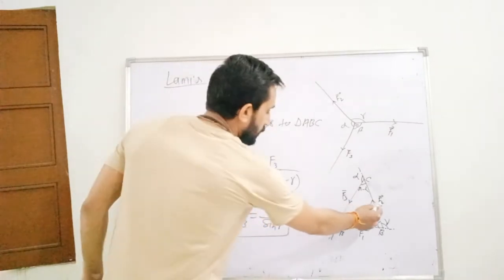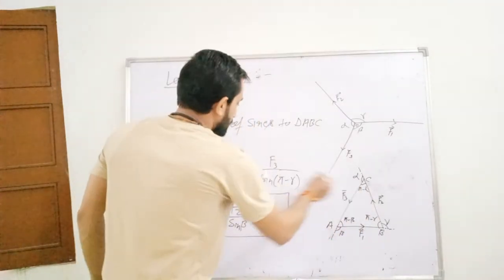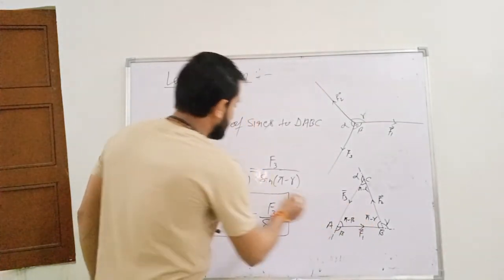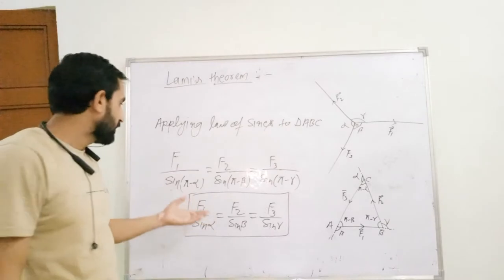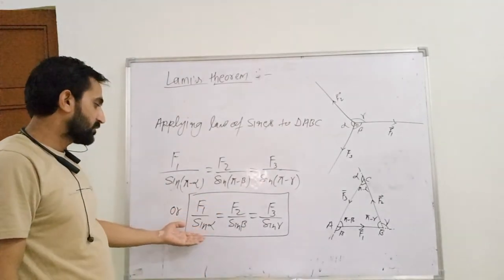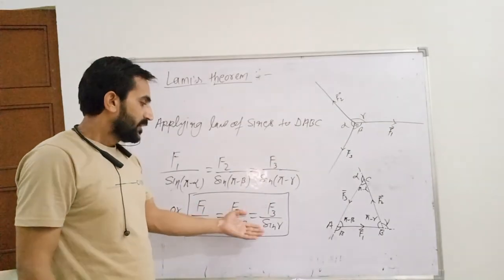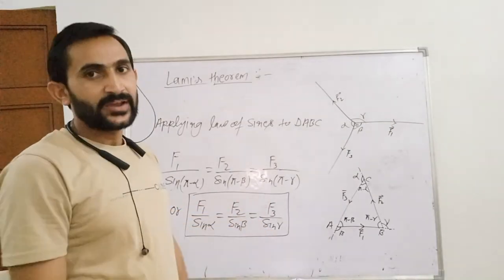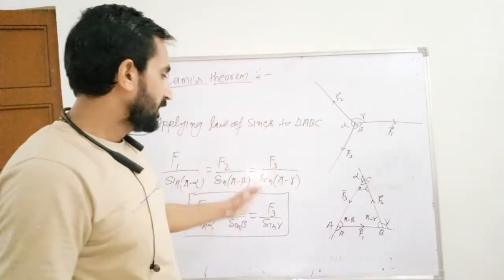Similarly, F2 upon sine of pi minus beta, and F3 upon sine of pi minus gamma. Now the value of sine of 180 minus theta is equal to sine theta, so we can write F1 upon sine alpha equals F2 upon sine beta equals F3 upon sine gamma. These three values are equal to each other.